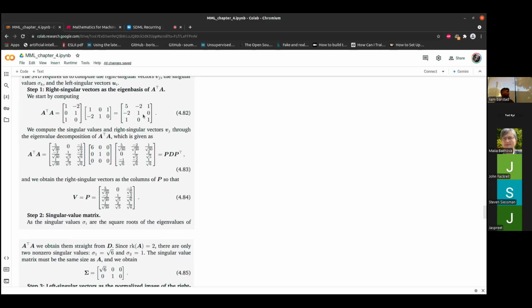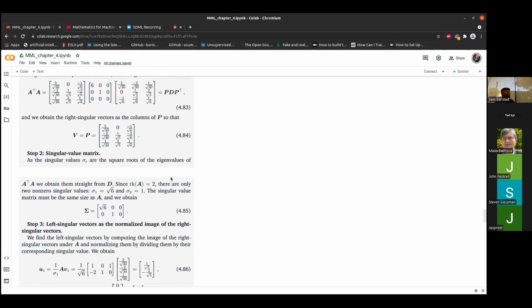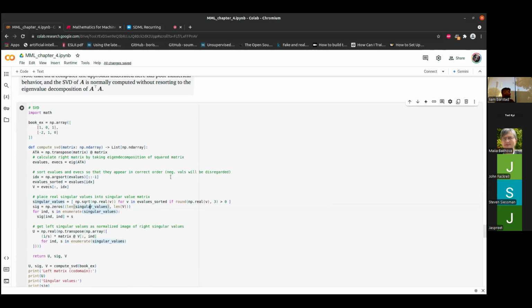Anyways, in order to find the basis of the domain, which is V, basically he just takes the A^T A, or the eigenbasis of A^T A, and I think he just does that to square the matrix. Okay, so you take the eigendecomposition of the squared matrix because it's square.